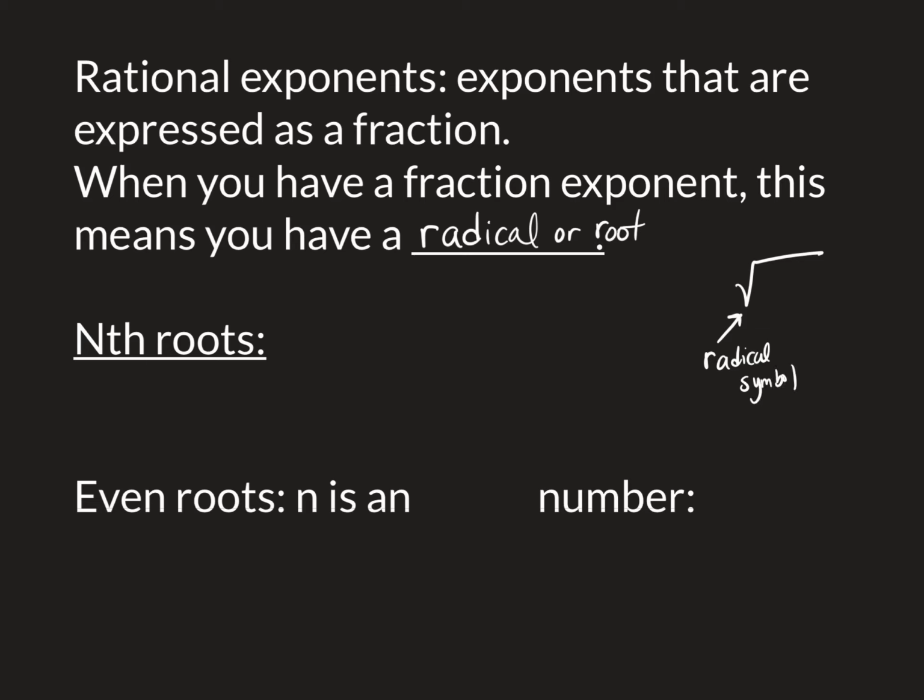When you have a radical symbol, the number that's underneath here is called the radicand. That's the name of it, radicand, C-A-N-D. And then the number that's here is called the index, also called the root. And then you have your radical symbol.